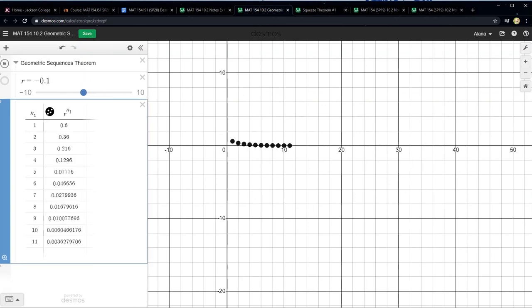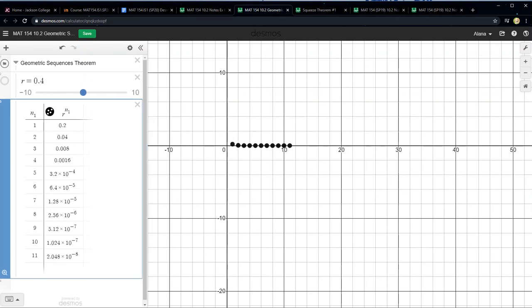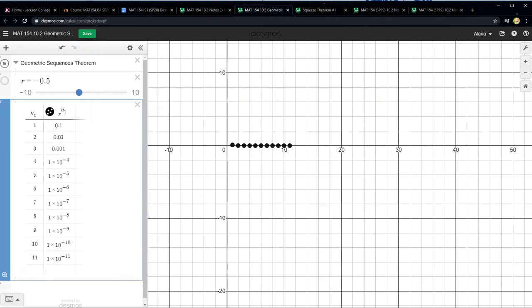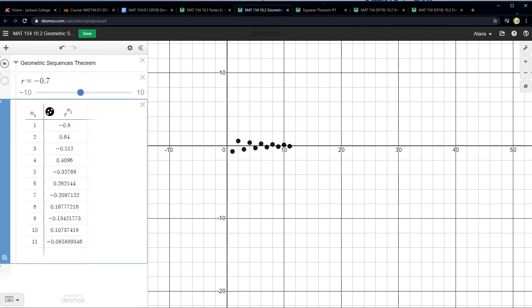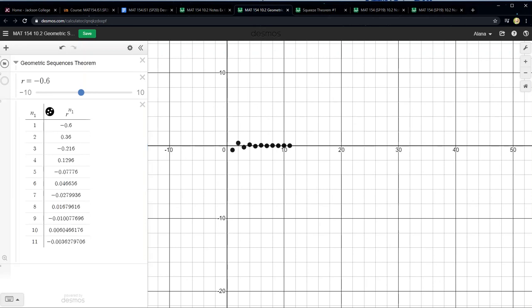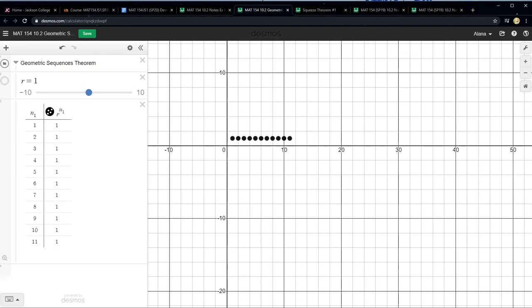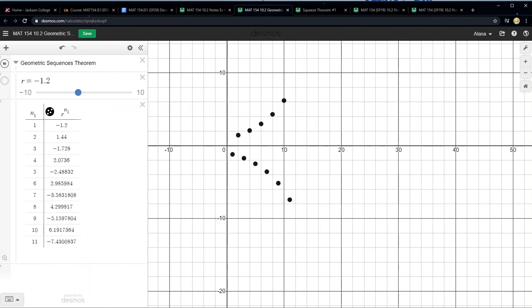So what are we learning? Well, if r is small, say like a decimal between -1 and 1, the sequence converges. Once I let r get larger than that, r equals 1 is just 1, 1, 1. R equals -1 would be -1, +1, -1, +1, -1, +1.